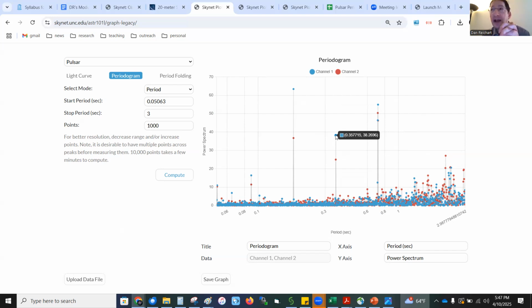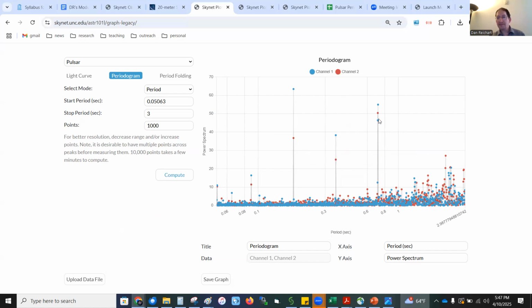These period finding algorithms find what we call overtones. So this is half the period, twice the frequency. Half of that is 0.17 and a bit. Half of that, about 0.09. And half of that, 0.05 perhaps.